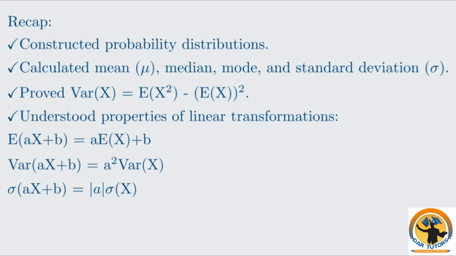We saw that the mean scales and shifts, the variance scales by a squared, and the standard deviation scales by the absolute value of a. We then applied all these concepts to several IB-style problems. Mastering these concepts is crucial for success in IB Mathematics AA HL.